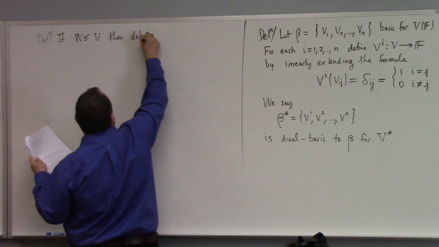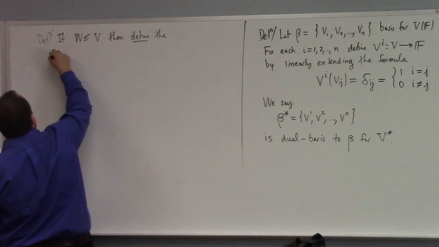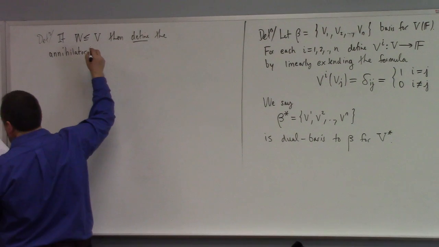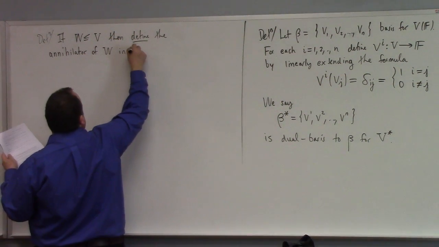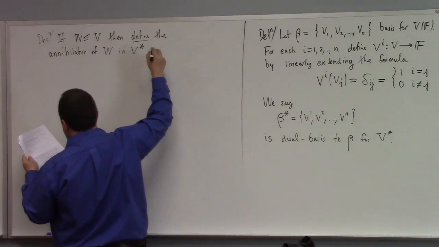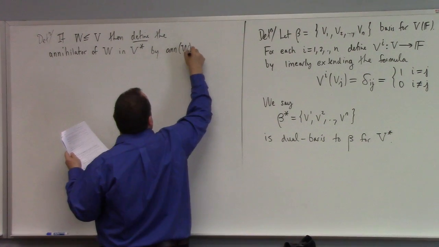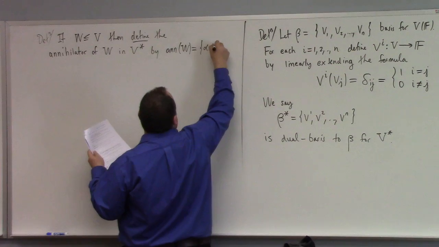Define the annihilator. The annihilator of W in V dual by Ann of W equal to alpha in V dual such that what?